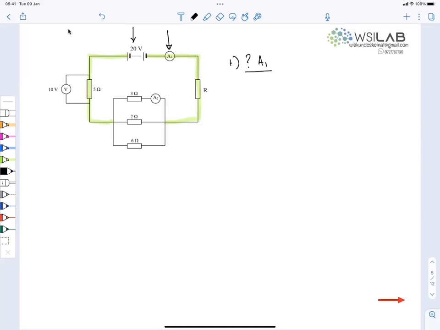Make a drawing, calculate A1. Are you finished with that drawing?